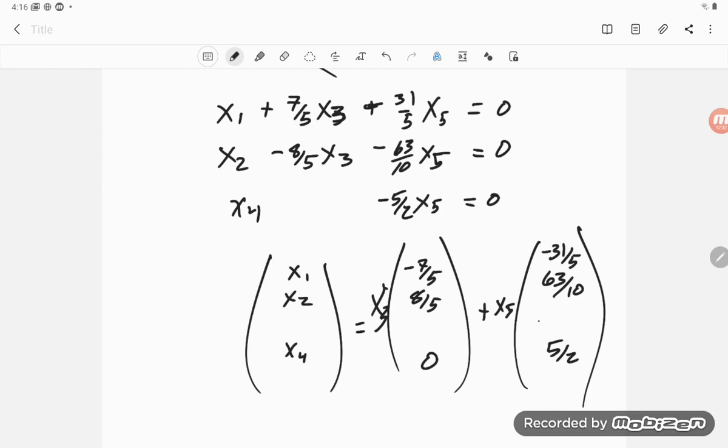So there's x3 and x5, but you see I could toss x3 in here and put a 1 there and a 0 there.